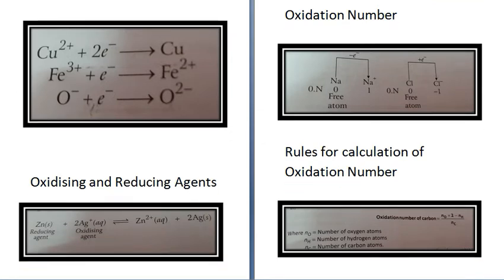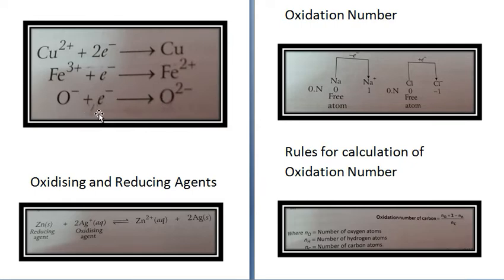So this reaction is oxidation. Similarly, S2 minus gives you S plus 2 electrons. So these are the examples of oxidation or de-electronation in terms of electron transfer.